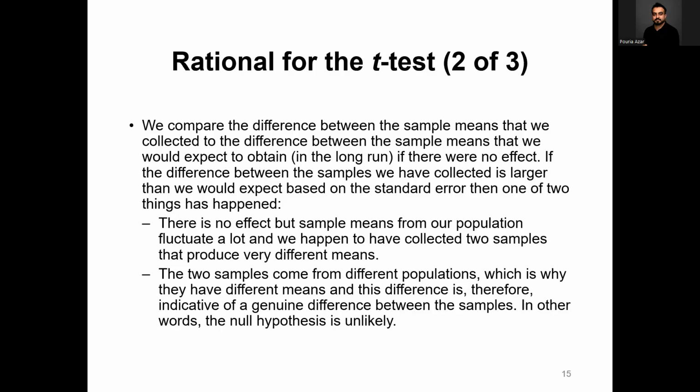We don't want that. The second scenario is what we want. The two samples come from different populations, which is why they have different means, and this difference is indicative of a genuine difference between the samples. In other words, the null hypothesis is unlikely.